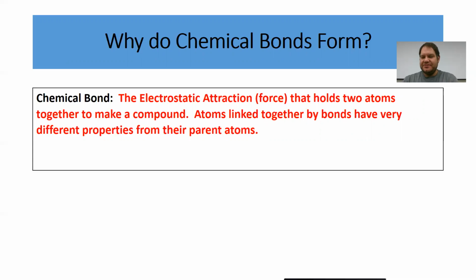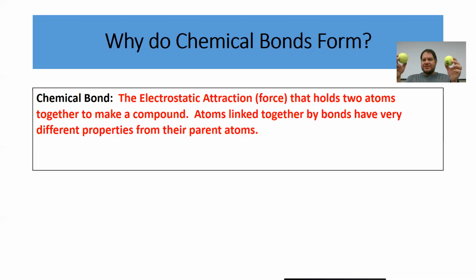So I'm going to use a couple of tennis balls as an example or analogy, okay? Now, let's say that both these tennis balls are atoms. And as single atoms, they exist in nature, but they're not exactly happy existing in nature by themselves, which we're going to talk a little bit more in just a moment.